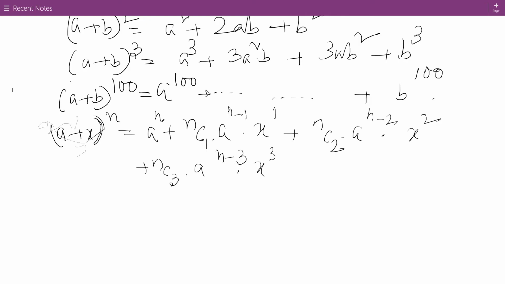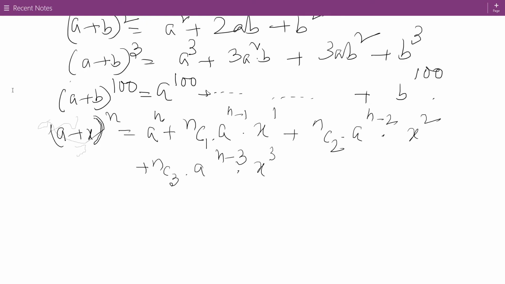You observed the value of power of A, n minus 3, then n minus 4, then n minus 5 slowly decrease, and this power of X is continuously increasing. For the first term, X to the power 0, for the second term, X to the power 1, for the third term, X to the power 2, for the fourth term, X to the power 3.